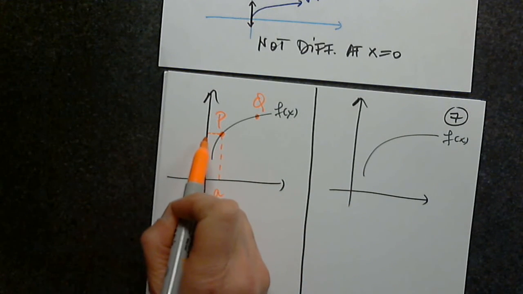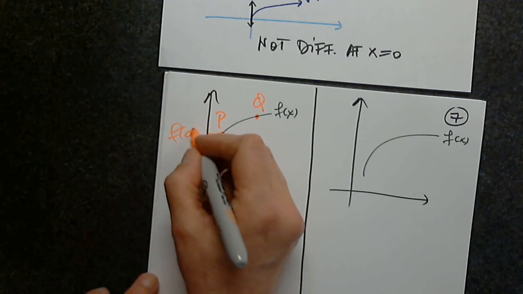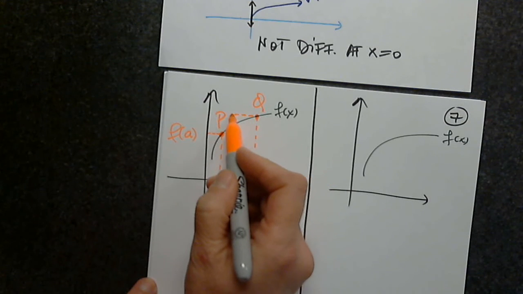What is this height? If this is A, what is this? Okay. This is X. What is this?